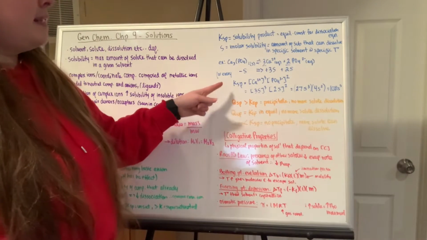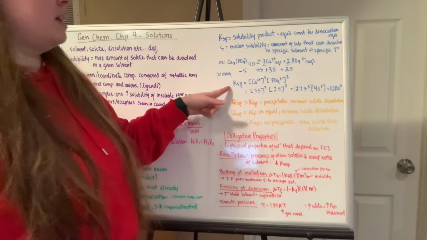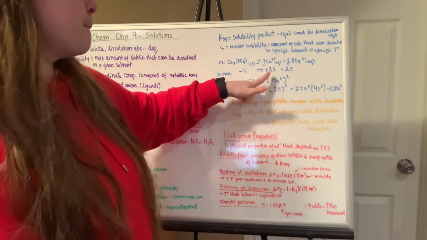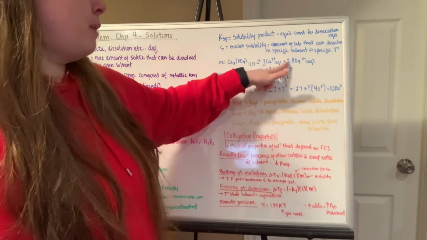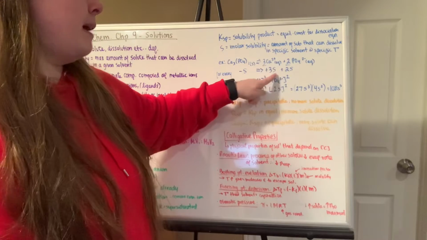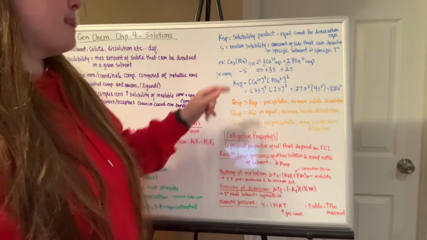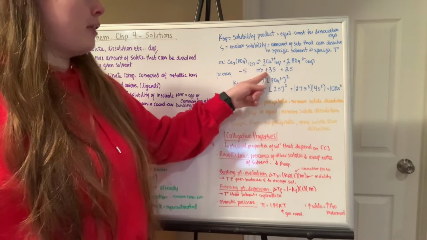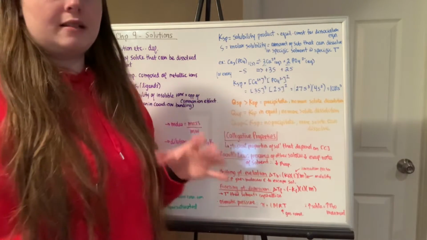When we take this one step further and put it in the KSP context, you just bring the coefficients and replace what this actually is by the S, just so you can understand it. So for every time you take away this, you get 3 of these and 2 of those, in layman's terms.